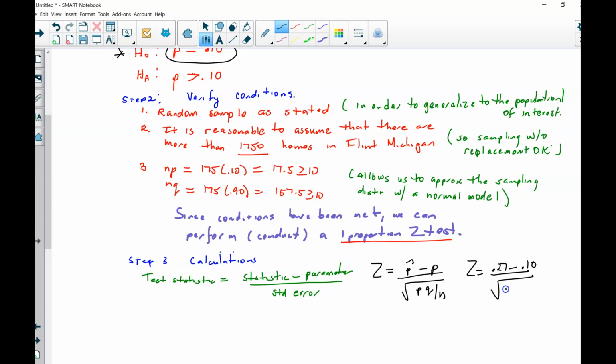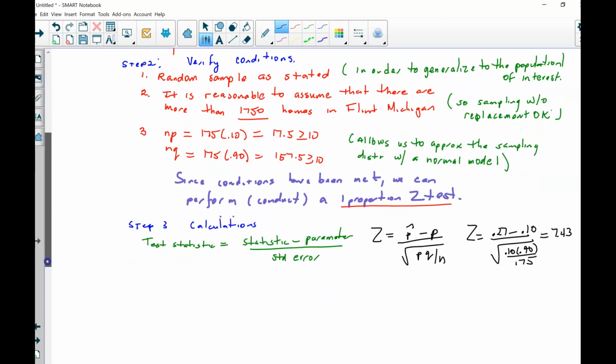Remember again, we're using the parameter in our standard error: square root of 0.1 times q, which is 0.9, over our sample size, which is 175. And when we enter that in, we get this really large test statistic of 7.43. That means that you're 7.43 standard deviations above the mean. That's pretty far away, okay?